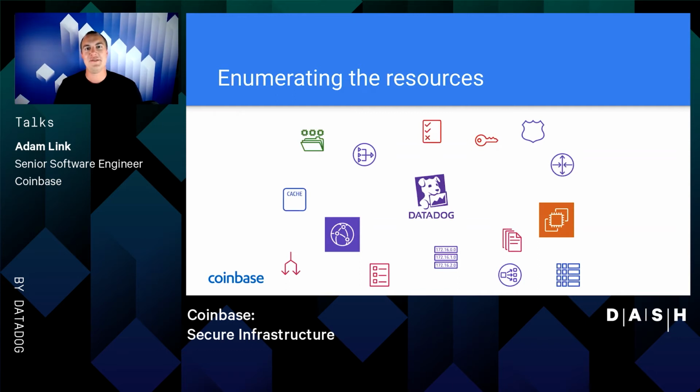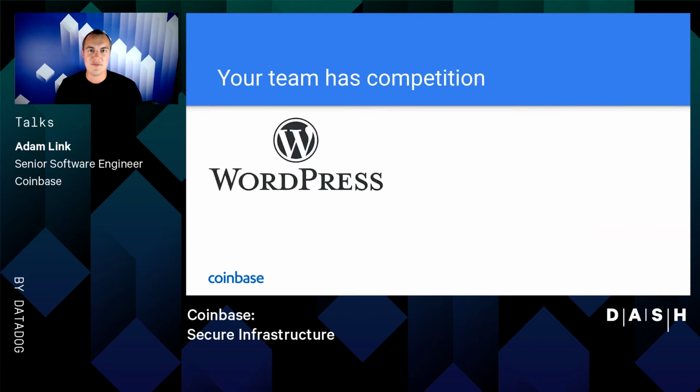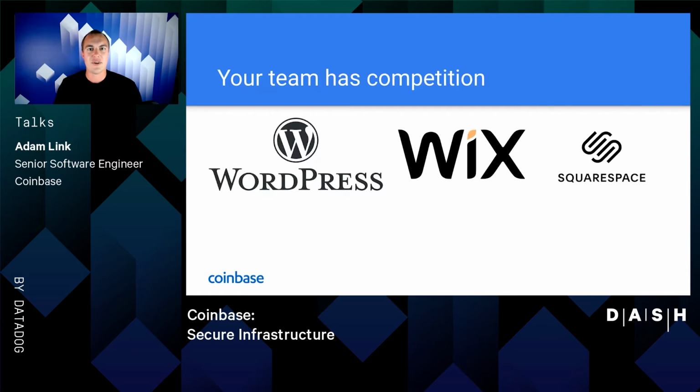But here's the bad news. Your internal infrastructure team has competition from external third parties. Parties like WordPress, who have built a very easy to use plugin and extensible system. Or companies like Wix that provide an easy to use drag and drop UI, or companies like Squarespace that can even include stuff like e-commerce, as well as drag and drop, as well as automatic integration with top mail providers.